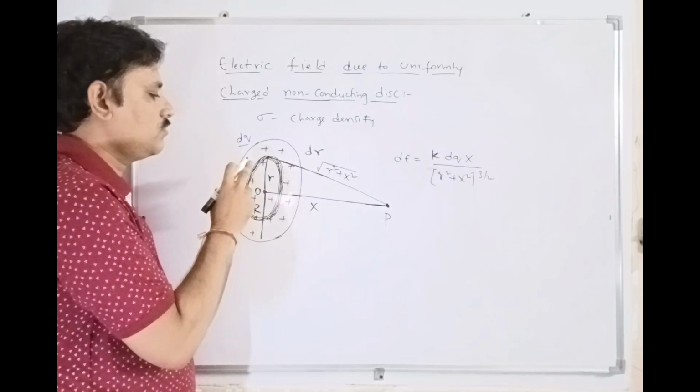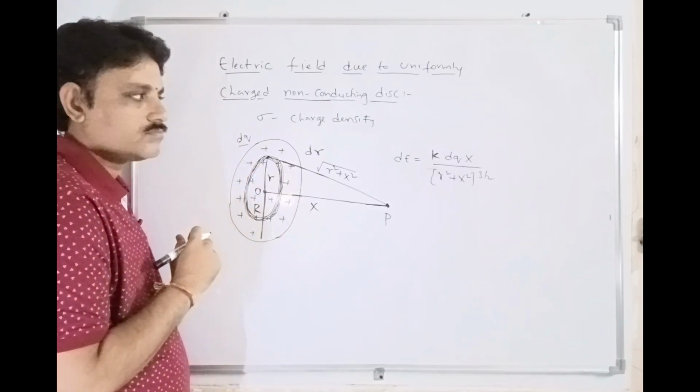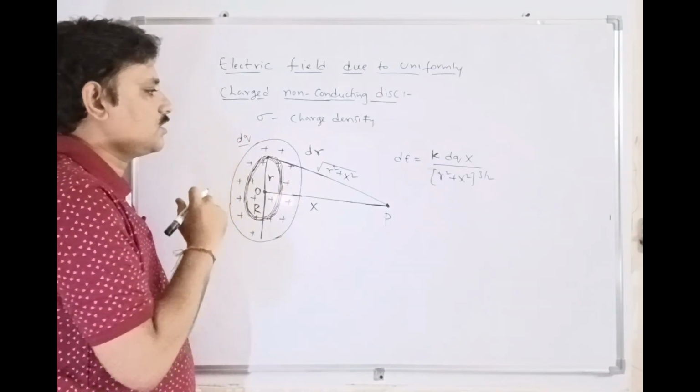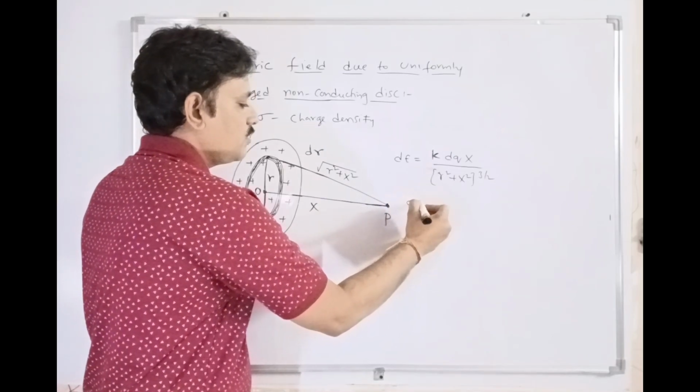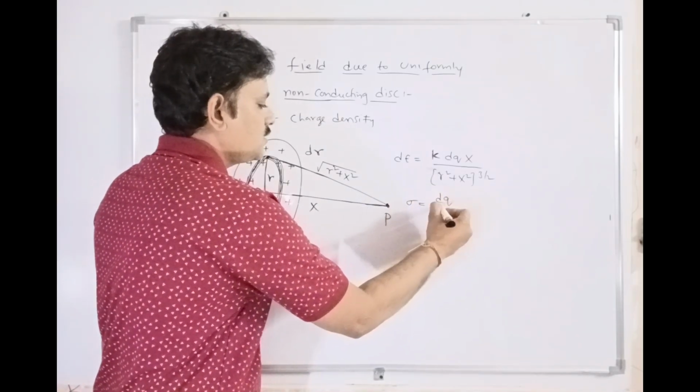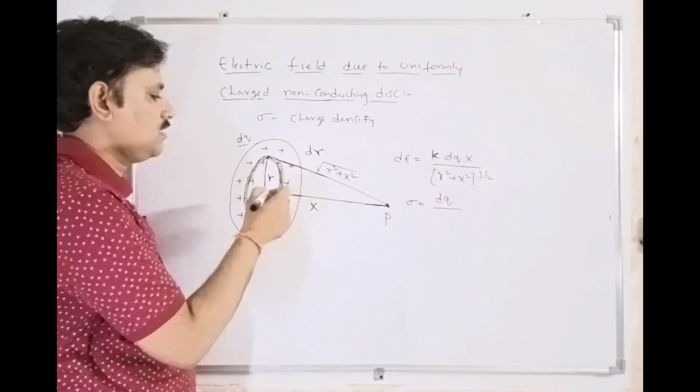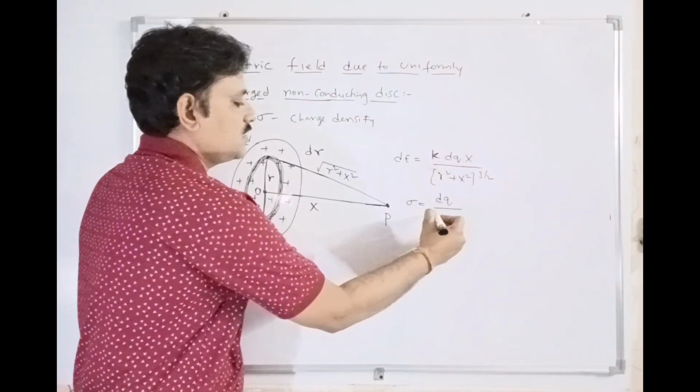What is dq? We write dq in terms of the charge density. Charge density is charge per unit area. Area means circumference into thickness.